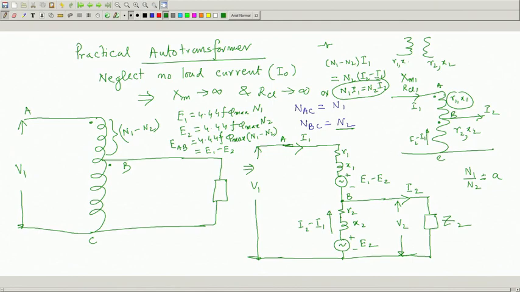Then I will say that I 1 is equal to I 2 by A. This much I can confidently say: if this current you record it so much ampere, N 1 total turns, N 2 this turn, then this current will be I 2 by A. This I am sure of. Got the point? This is the thing.